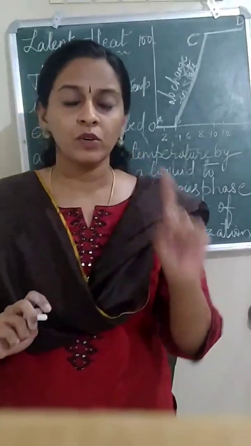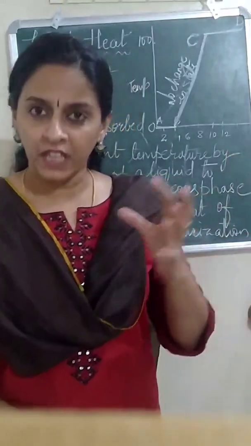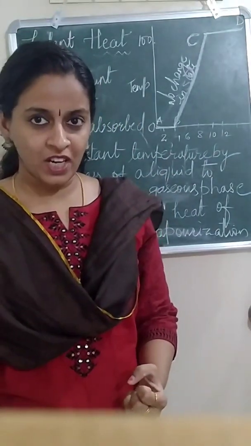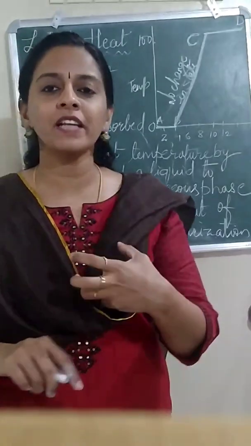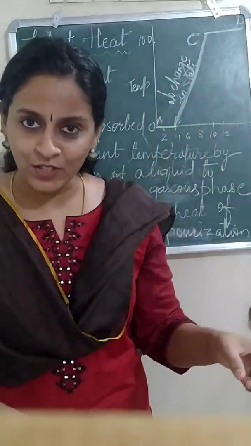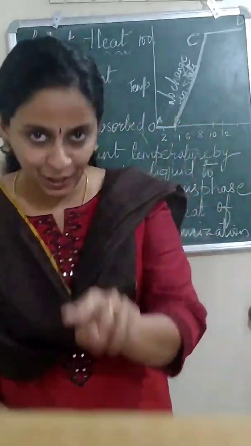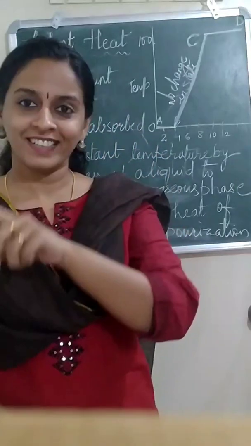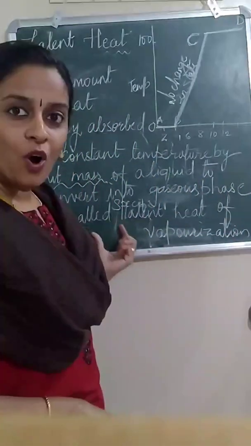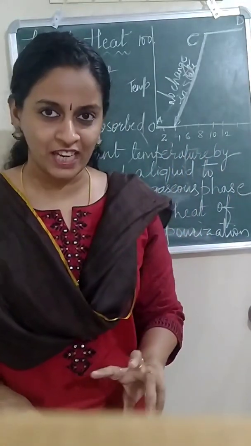Repeat with me. Define latent heat of vaporization. The amount of heat energy absorbed at constant temperature by unit mass of a liquid to get converted into gaseous phase is called specific latent heat of vaporization.